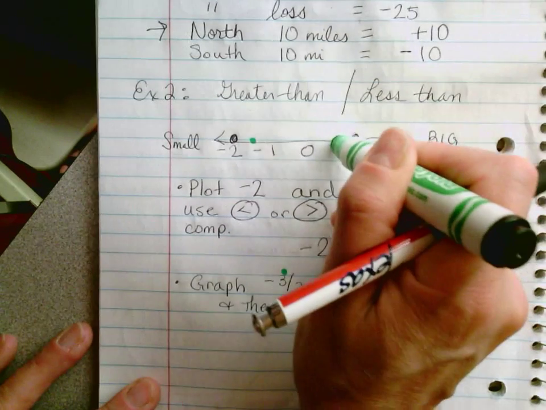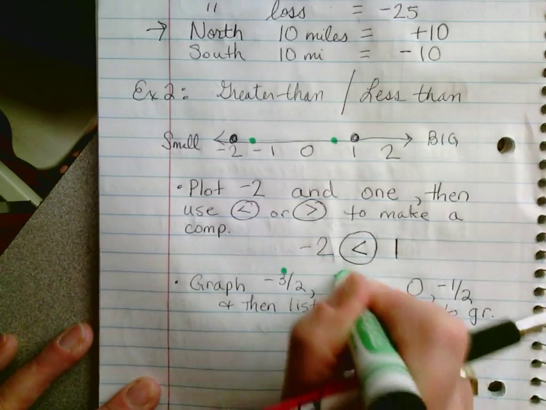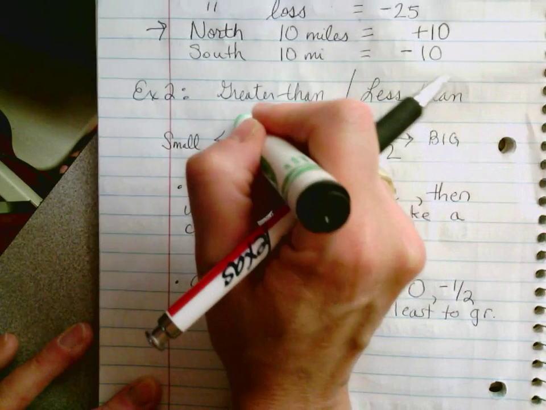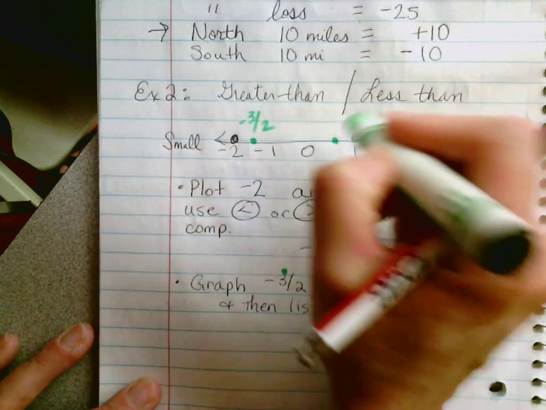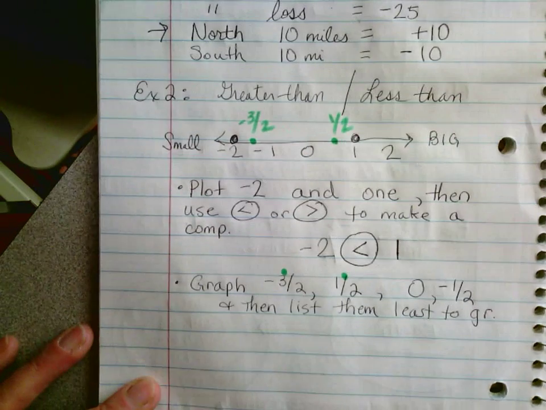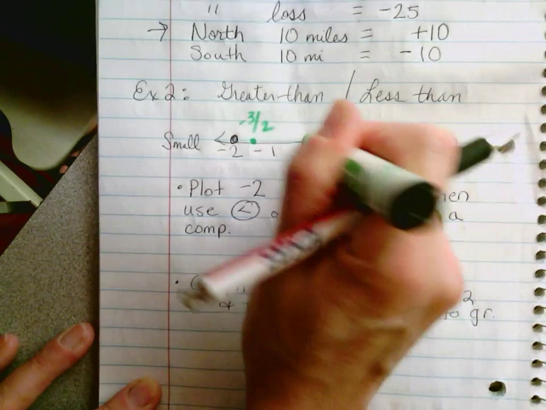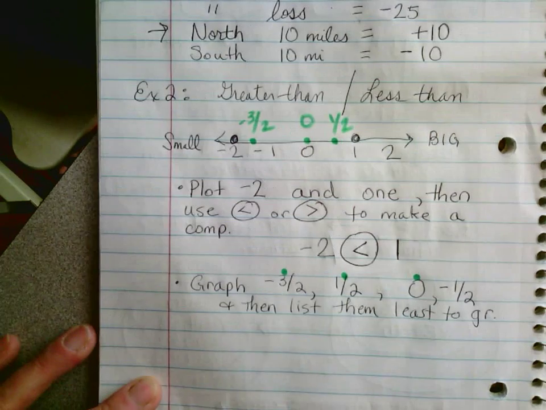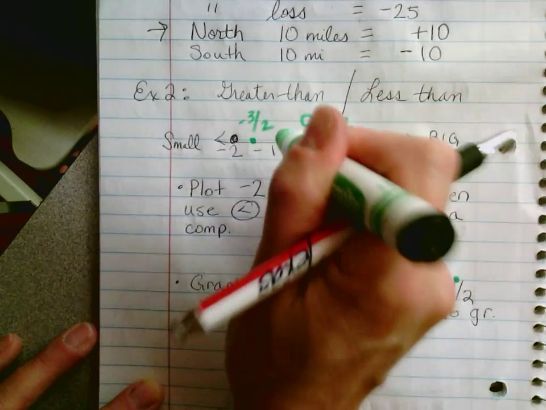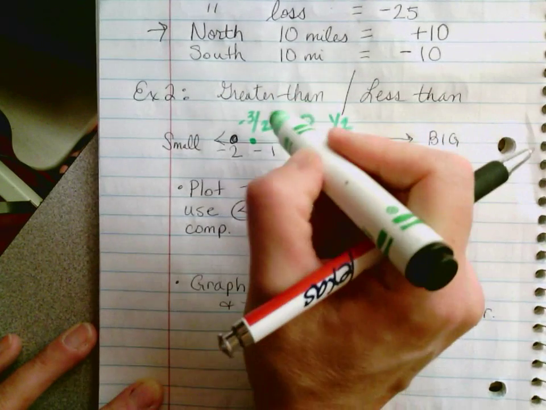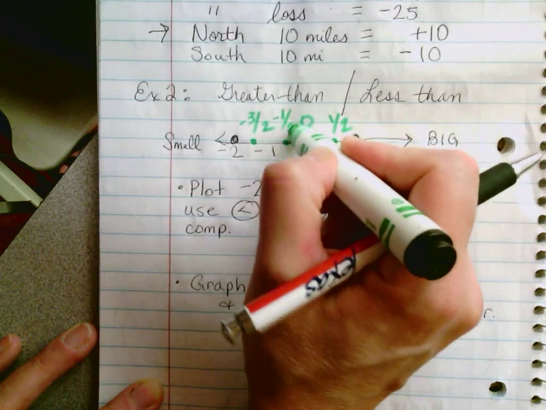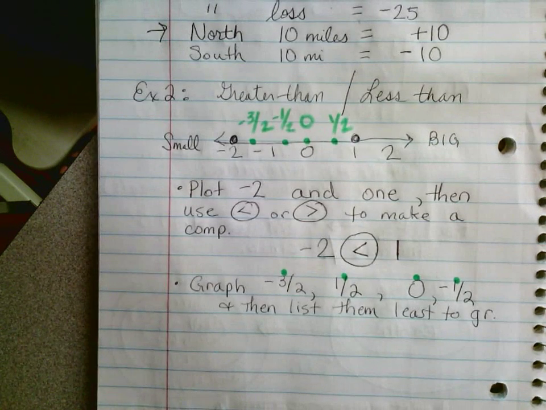+1/2, right there. So that's -3/2. That's a half. There's 0. And there's -1/2. Okay?